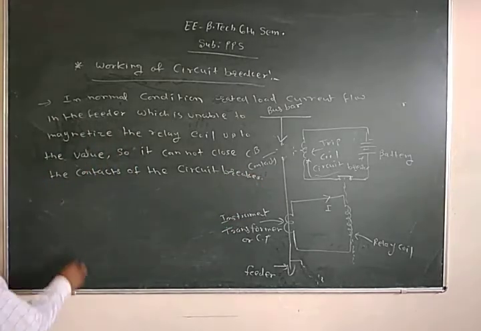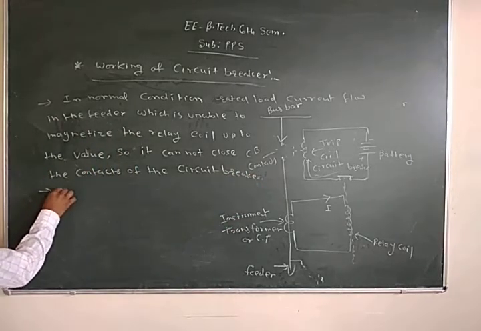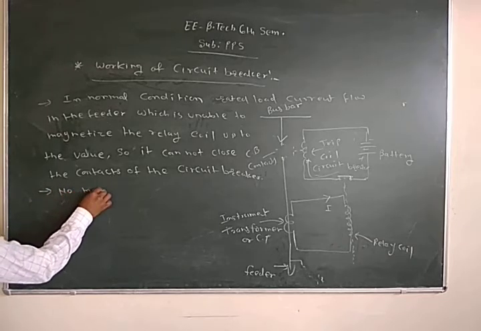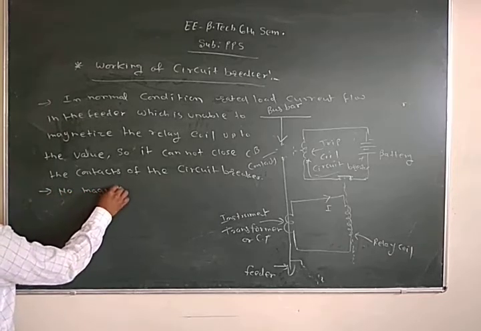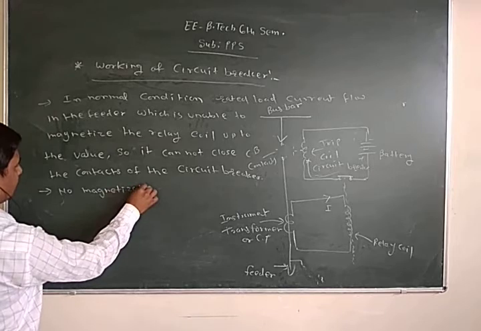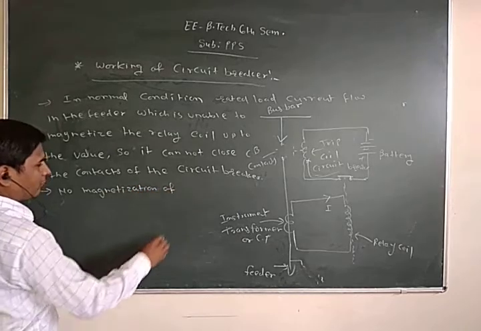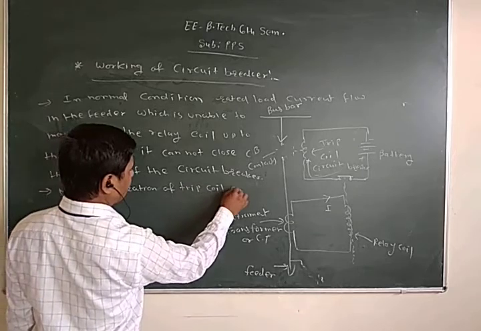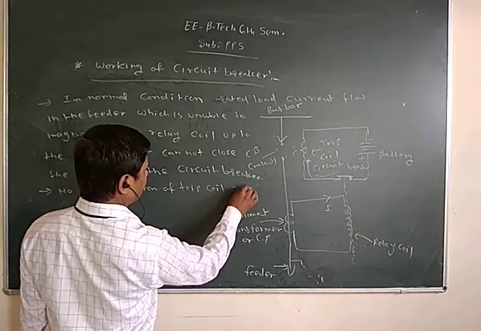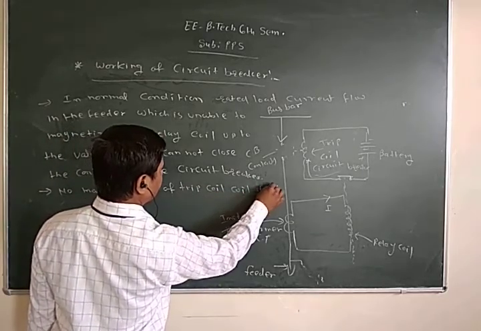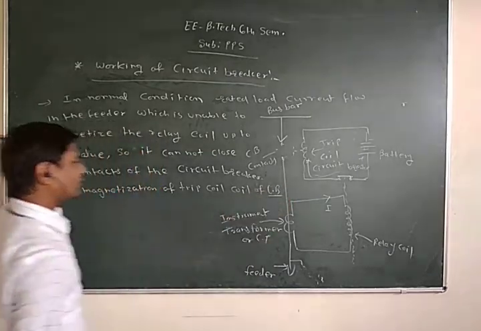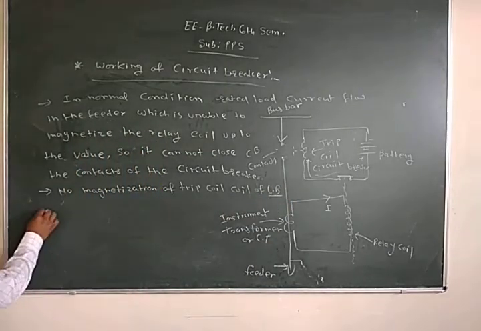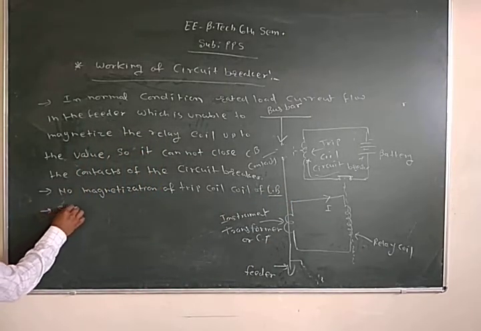So there is no magnetization of the trip coil of the circuit breaker, so the circuit breaker contacts remain closed.